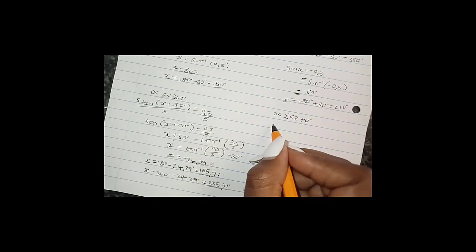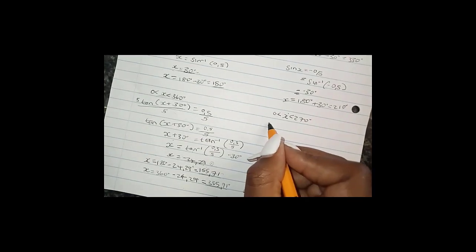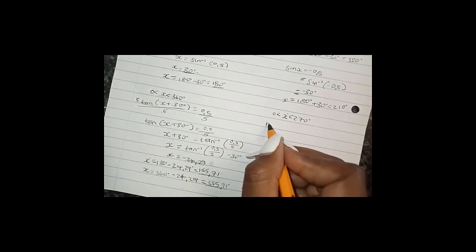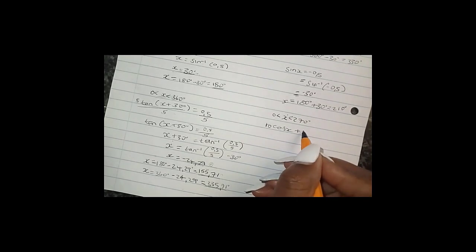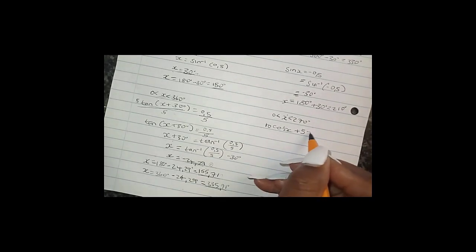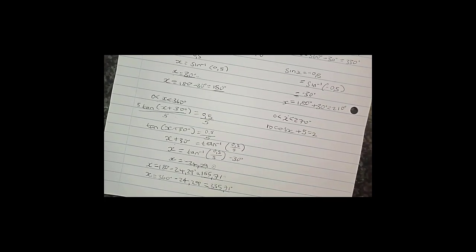So let's say we are given 10 cos x plus 5 is equal to 2. Yeah, let's say it's equal to 2.